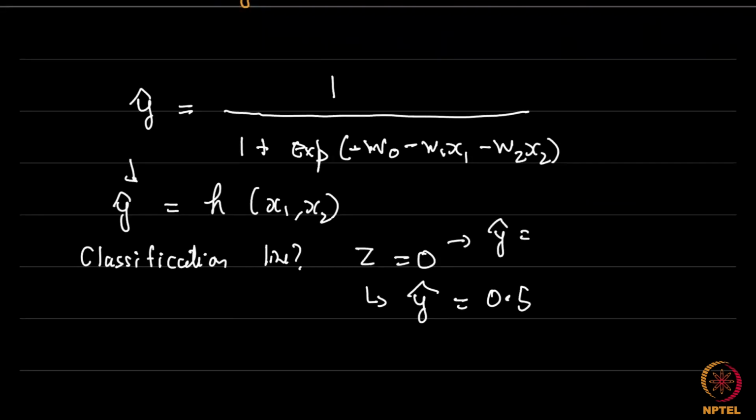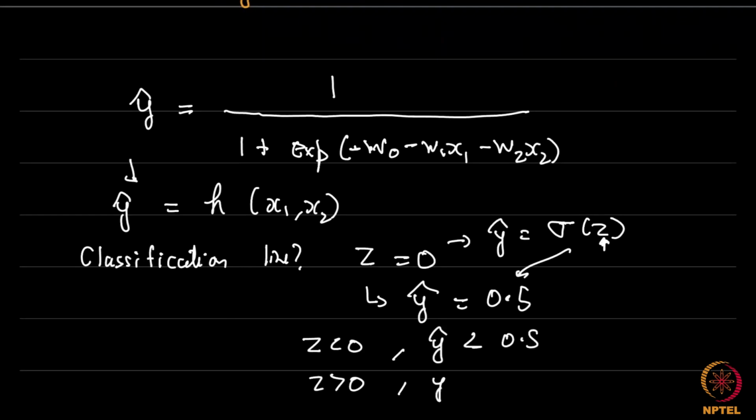Y hat was sigmoid of z, and when z is equal to 0, y hat obviously is sigmoid of 0, which is exactly 0.5. So one side of the line you will have one class, because when z is less than 0, this means y hat will be less than 0.5. And when z is greater than 0, y hat is greater than 0.5.